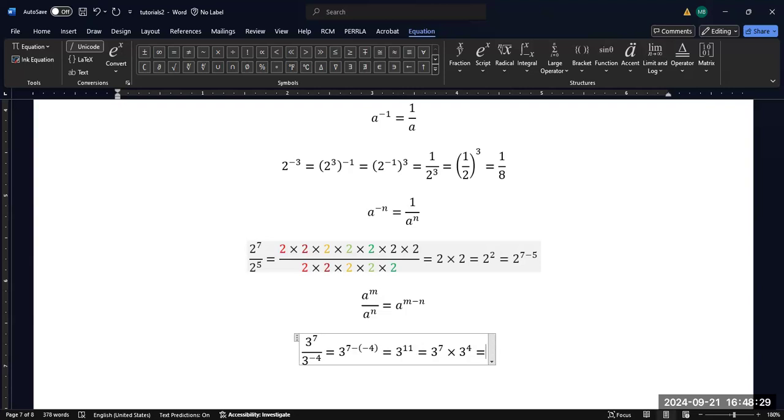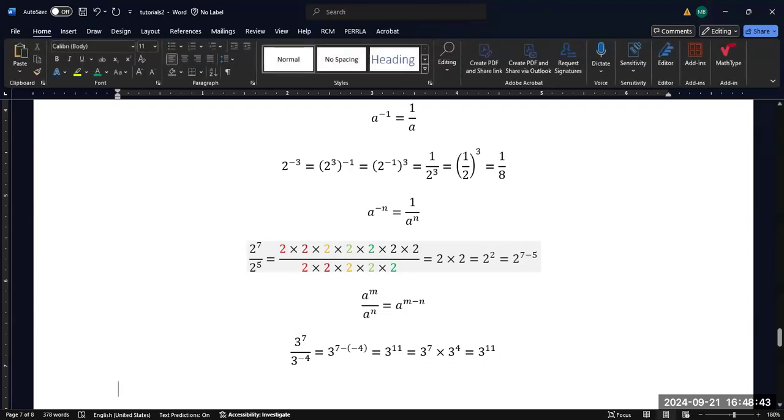Or again, when you have a negative exponent, if you move it from the denominator to the numerator or from the numerator to the denominator, you flip the sign of the exponent and you still get the same thing. Any operation is valid as long as all of these rules give you exactly the same result.